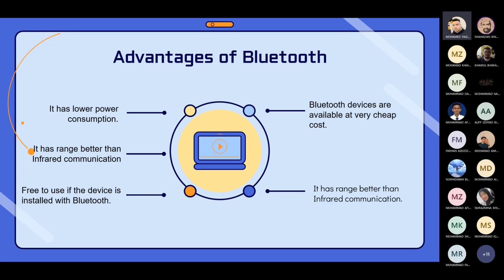So we continue the slide. The advantages and disadvantages of Bluetooth technology are well known to anyone who extensively uses Bluetooth for transferring data or sharing information. The first advantage of Bluetooth is that it has lower power consumption.